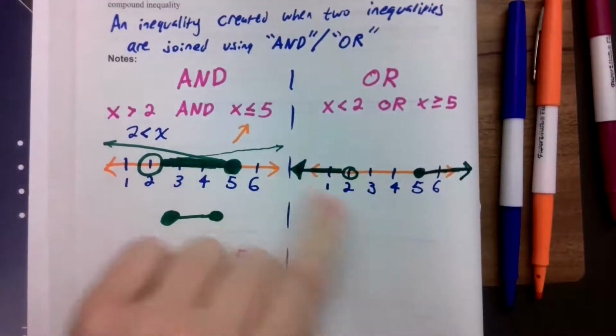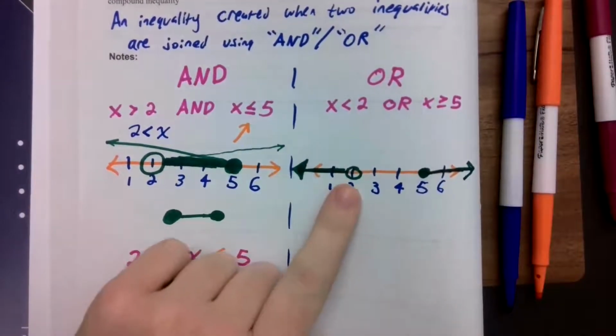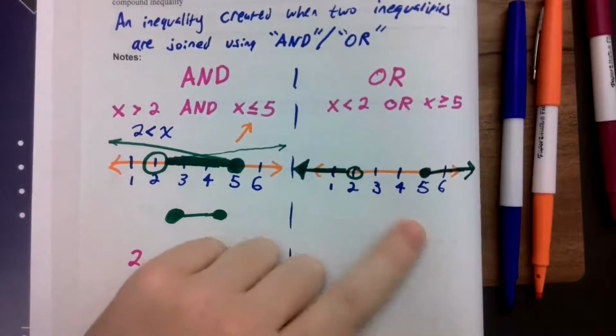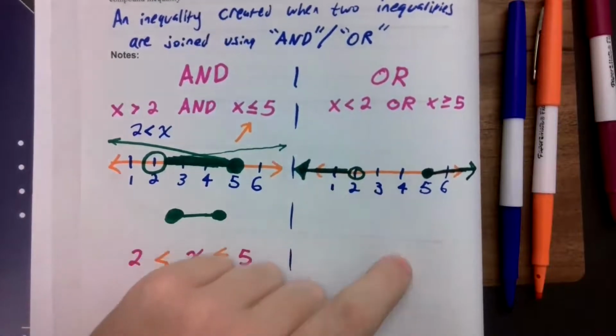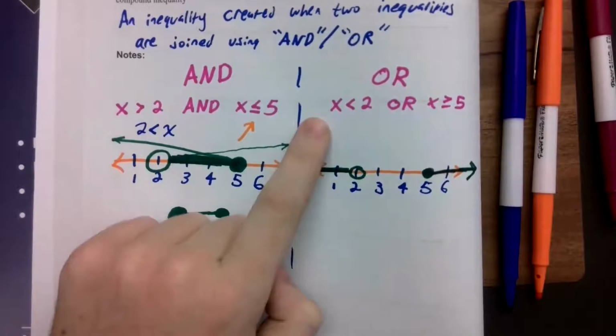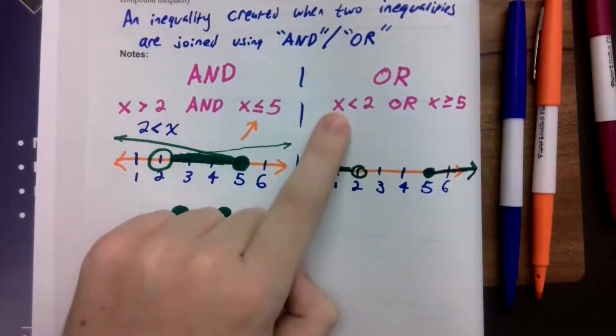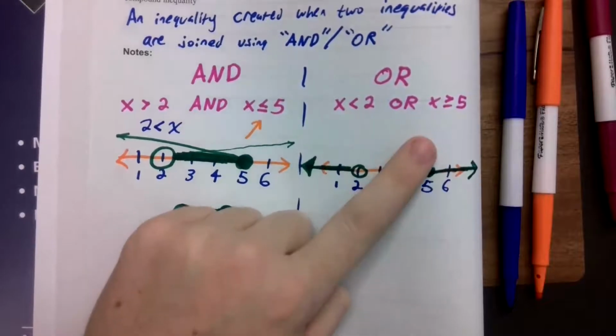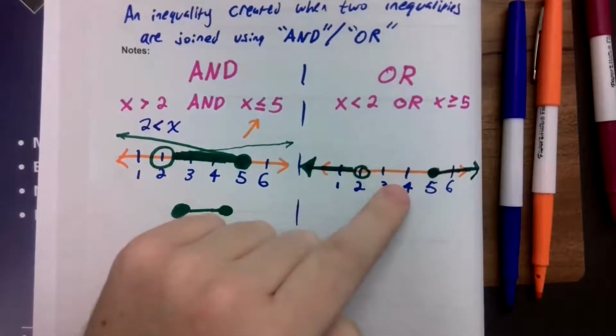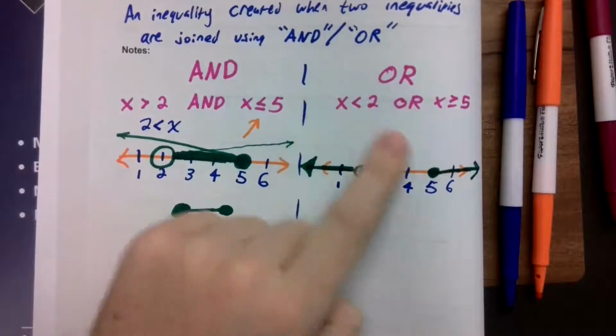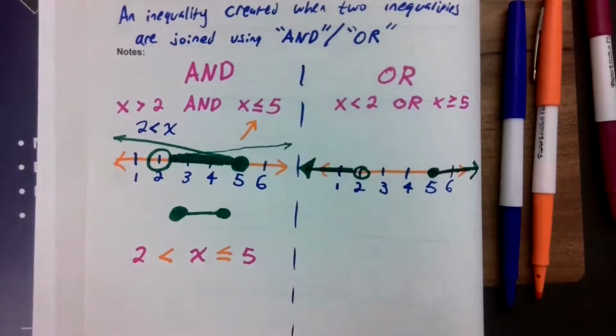So our arrows are going to face opposite directions. The only things that won't work for this are the numbers 2, 3, and 4. 2, because 2 is not less than 2. 3, because 3 is not less than 2 or greater than 5. And 4, because 4 is not less than 2 or greater than or equal to 5.